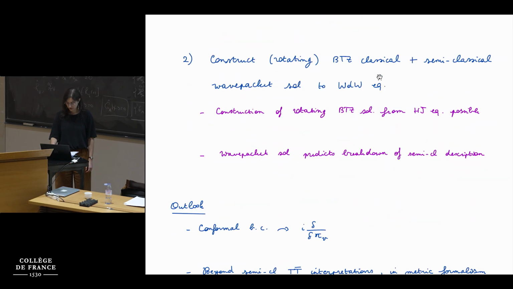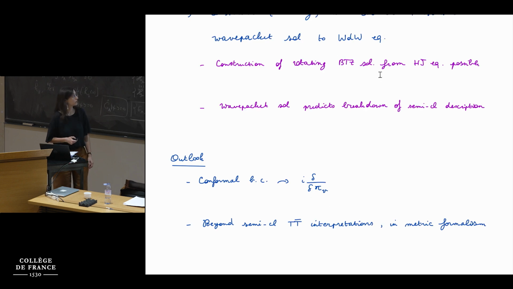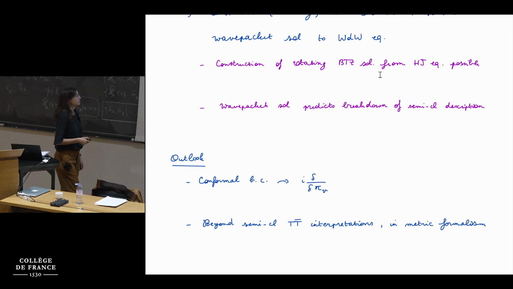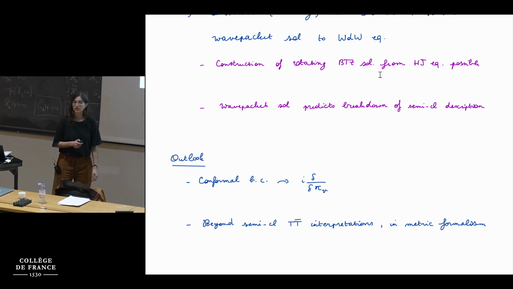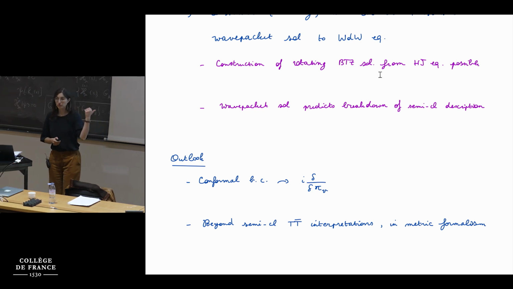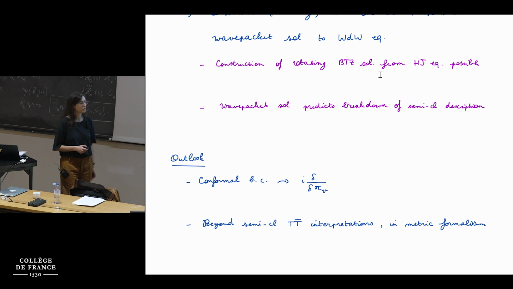And then I've added two short outlooks. One is whether we can use this York time interpretation of the Wheeler-DeWitt equation for the conformal boundary condition problem, to study conformal boundary conditions, and also what role they would play in the whole TTbar discussion.